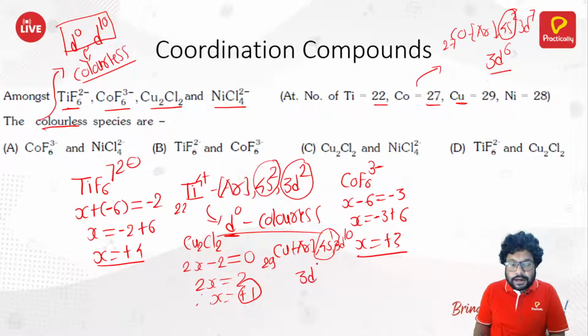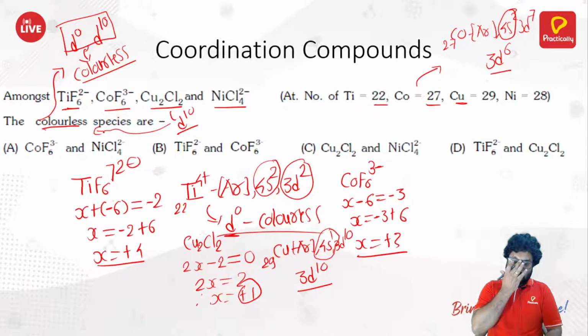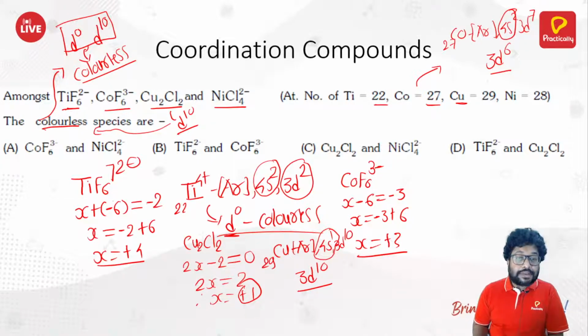What remains is d10. So basically it's a d10 system, and a d10 system is also colorless. That means out of these 3, TiF6 and Cu2Cl2 are colorless. Both these species are present in option D, and therefore this should be the colorless species.